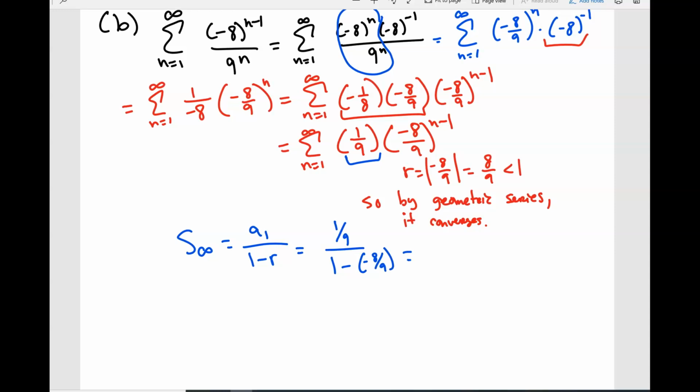So I'm going to have 1 over 9 divided by 1 minus a negative 8 over 9. And what you're going to get is 1 over 17, or 0.059.